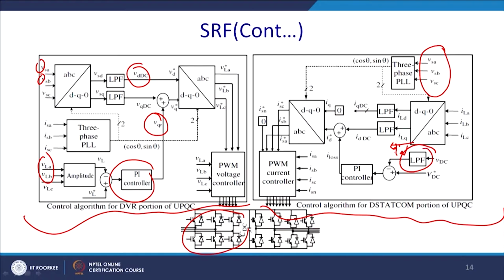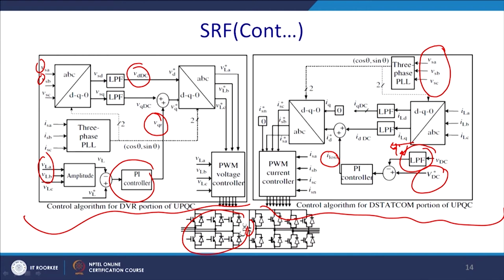So, you sense this DC bus voltage, and to wipe out the ripple you have a low pass filter, and you compare it with the reference DC bus voltage and feed it to the PI controller. Some amount of real power is required to maintain the DC bus voltage, that is the loss component, and that is fed to Id and added up.